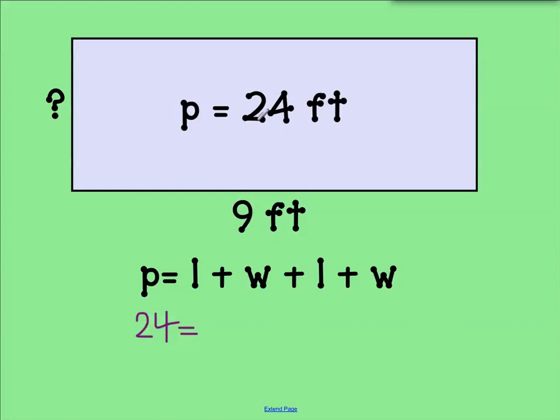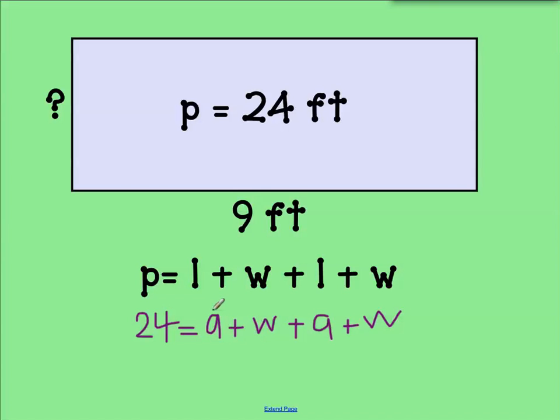So I've got a total perimeter of 24 feet, so I'm going to substitute out my P for 24. And I know that my length is 9, so I'm going to substitute my L's for my 9's. Okay, and when I do that, I've got 24 equals 9 plus some number plus 9 plus some number.